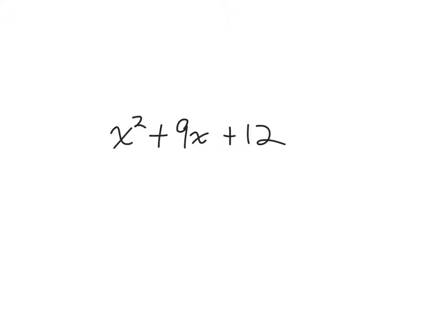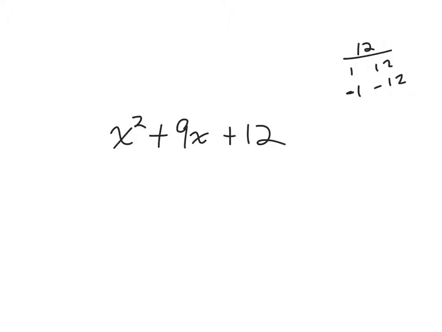So I say to myself, okay, a times c, that'd be 1 times 12, which is 12. And I start to list the factor pairs. 1 times 12. Negative 1 times negative 12. Let's see, those add up to 13 and negative 13.